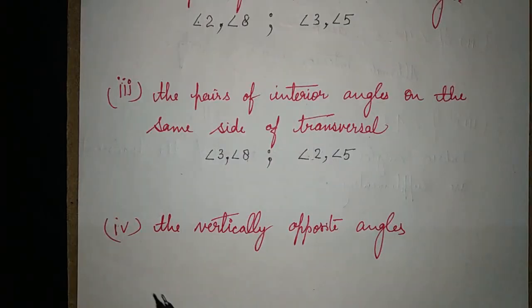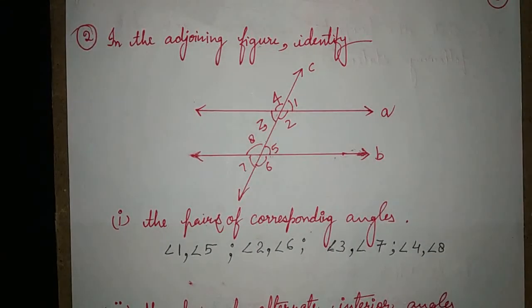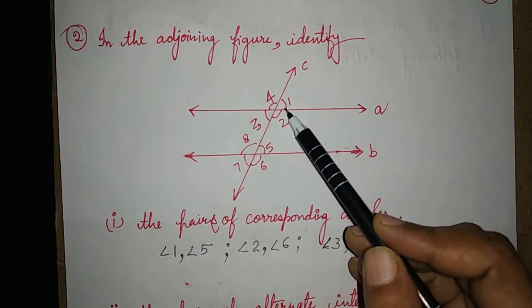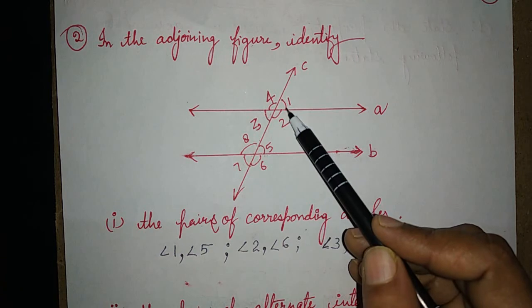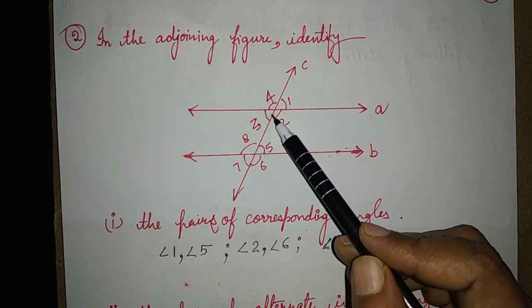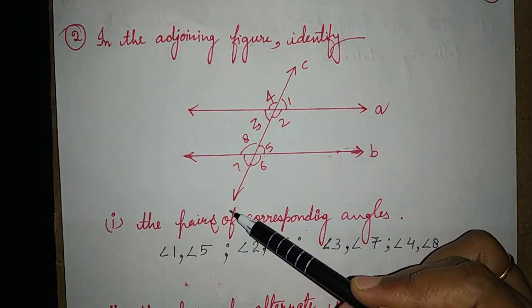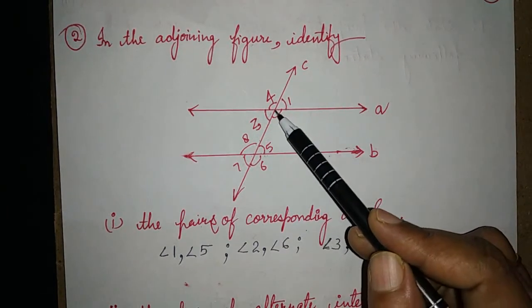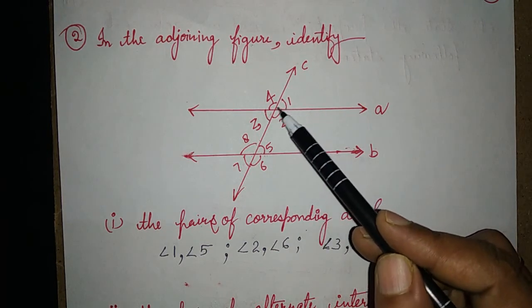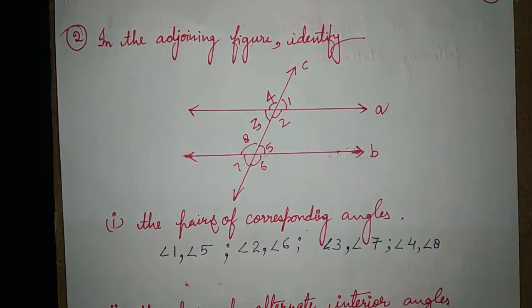Now students, we have to tell the vertically opposite angles. For this also you see the figure. In the figure you see angle 1. What is the vertically opposite angle of angle 1? Angle 3, because lines A and C are intersecting each other at this point. So angle 1 and angle 3 is the first pair which is vertically opposite.